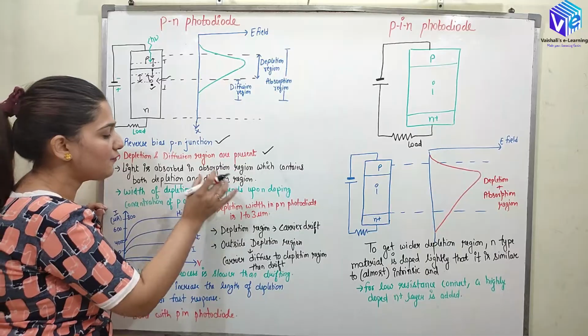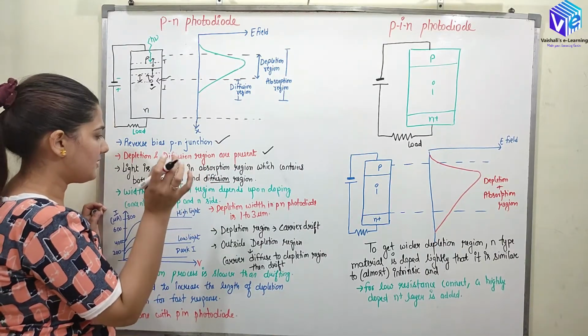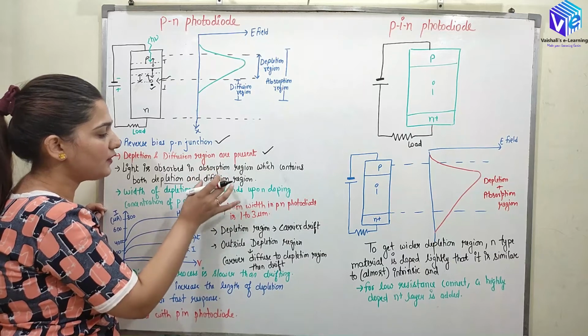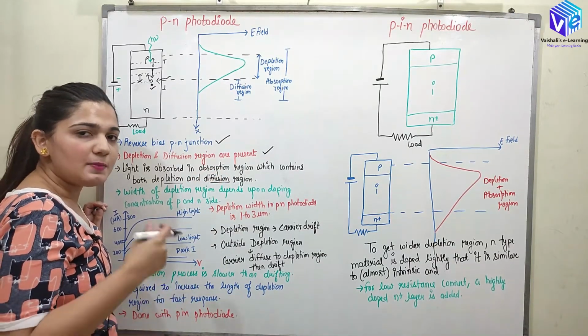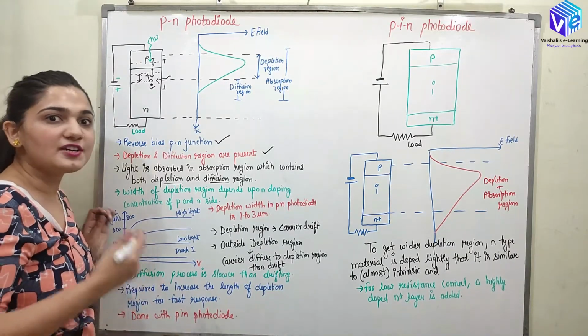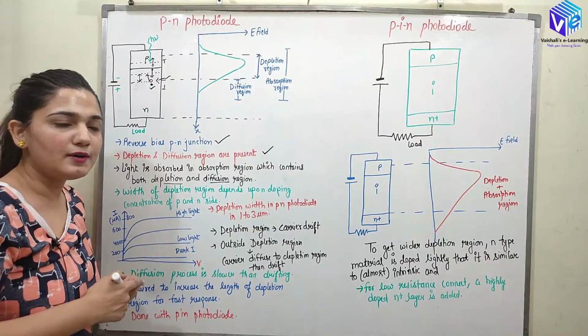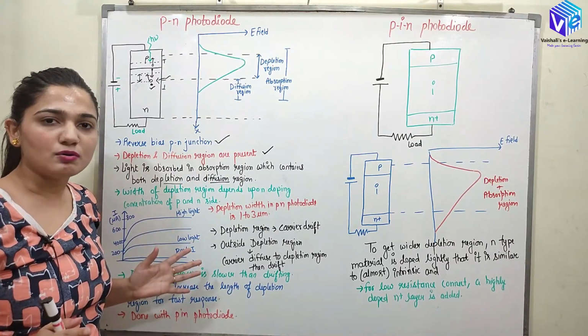Now when the light falls in the depletion region only, then only drift velocity is present. Whereas when the light falls on the diffusion region, the drift velocity plus diffusion velocity will be present. So the speed of the generation of the output will be dependent upon the diffusion current, which is very slow.